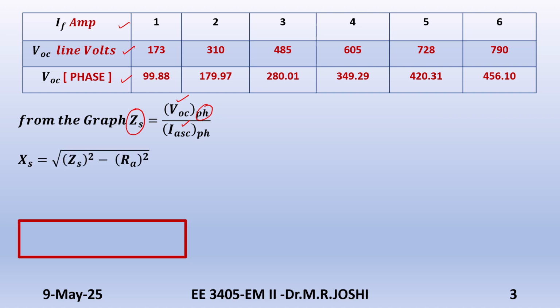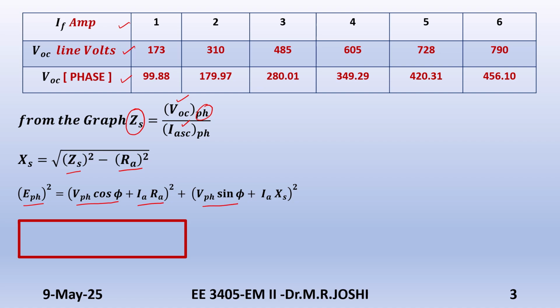Synchronous reactance is given as X_s = square root of Z_s squared minus RA squared, and E phase squared is given by (V phase cos phi plus IA RA) squared plus (V phase sin phi plus IA Xs) squared. As already discussed, the percentage regulation is (E phase minus V phase) divided by V phase.